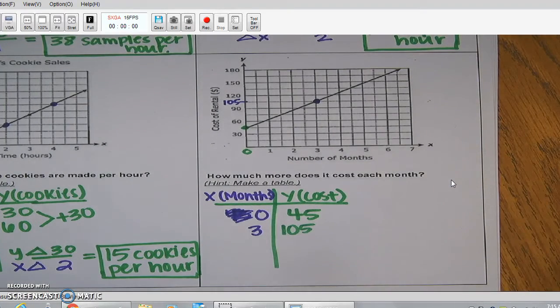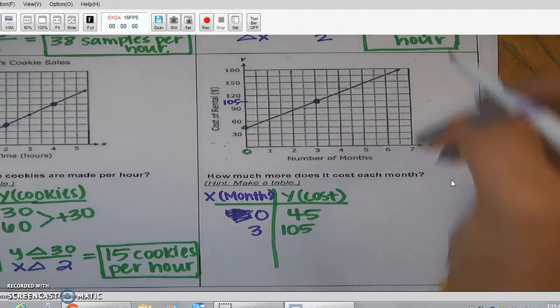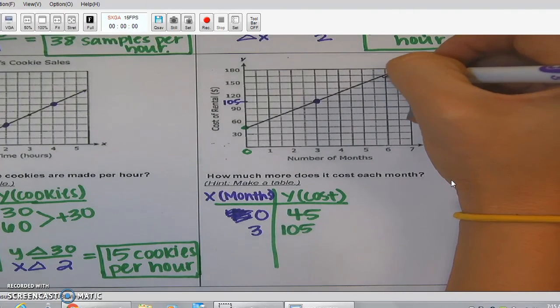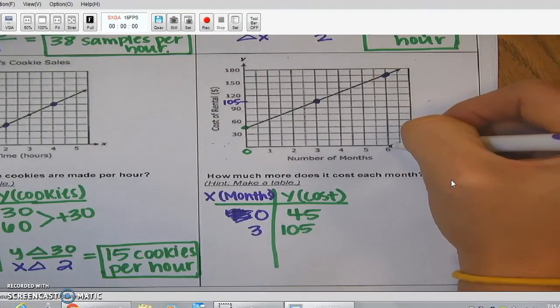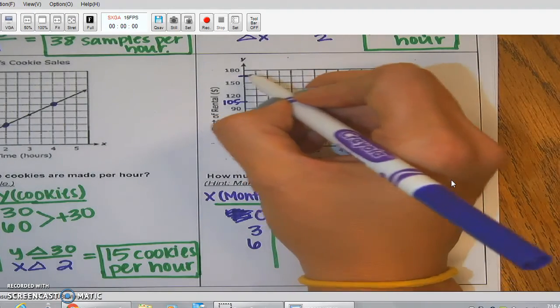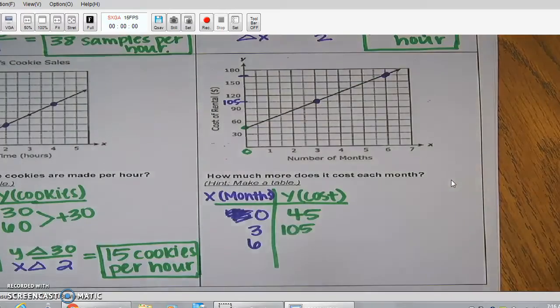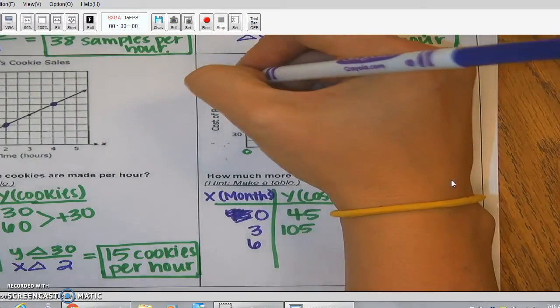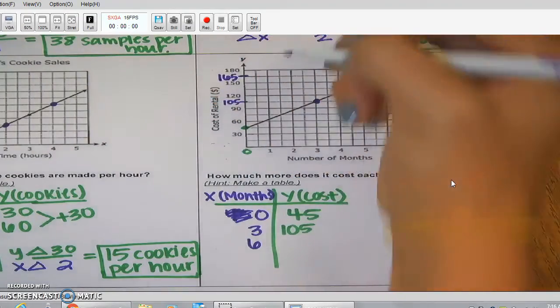Okay, and then the last one that looks good is right here, where my X value is 6, and my Y value is halfway between 150 and 180, so that's going to be 165.